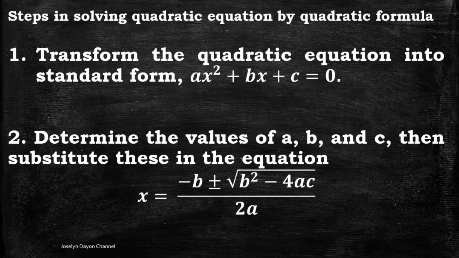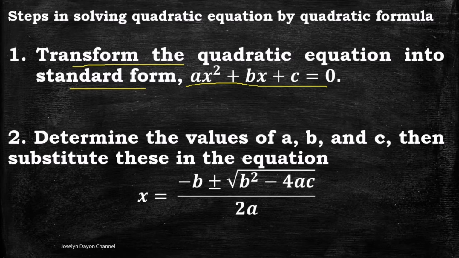Before we go on with examples, let us try to remember the following steps in solving quadratic equations by using the quadratic formula. First, transform the quadratic equation into the standard form ax squared plus bx plus c equals 0.